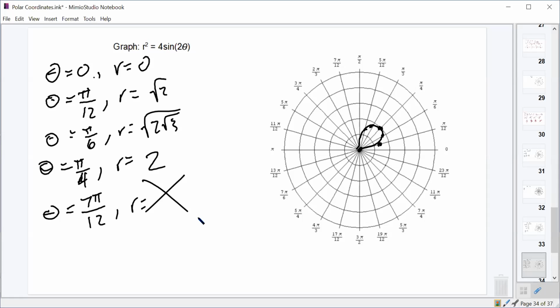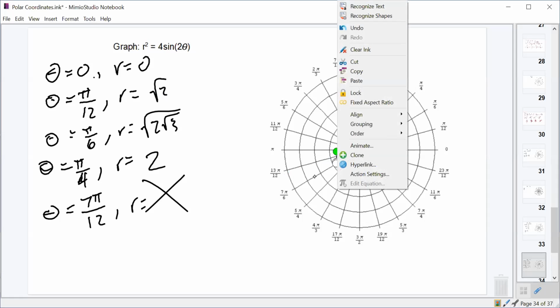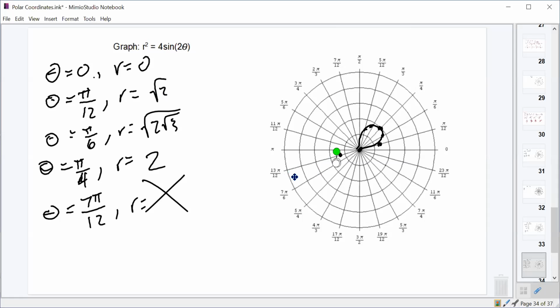Right, 13 pi over 6 is actually an angle in the first quadrant, so you're going to get positive values for sine again. The sine of that is the same as the sine of pi over 6, which is going to give you that same square root value. So you're going to be back out here with a petal that looks just the same.